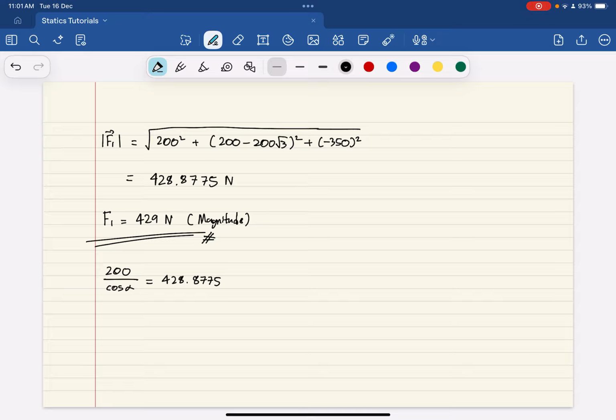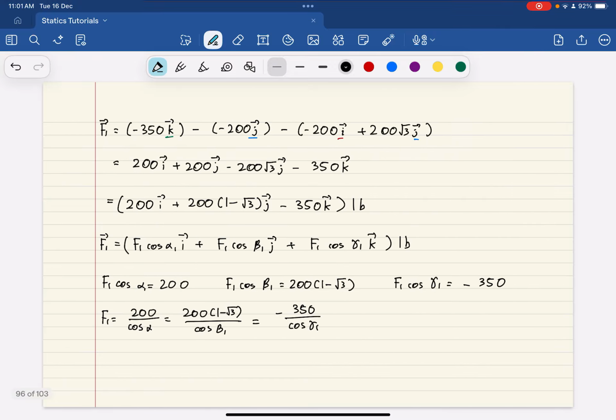Then cosine alpha is equal to 200 over 428.8775, and alpha is equal to cosine inverse, which gives 62.2 degrees. So 62.2 degrees for alpha.